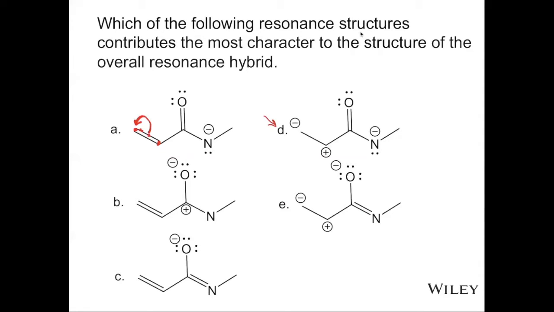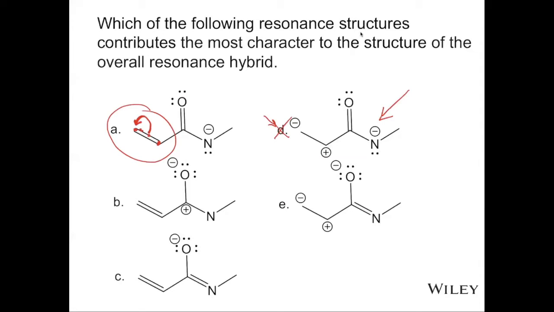And so that one's not a very good structure because nowhere in our instructions on patterns did we say, hey, let's just take a pi bond and split it and make a carbocation right next to a carbanion. We never said that that was feasible. And so D is not going to be a very major contributor.